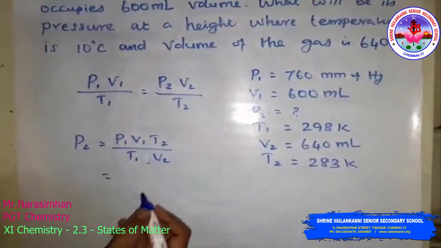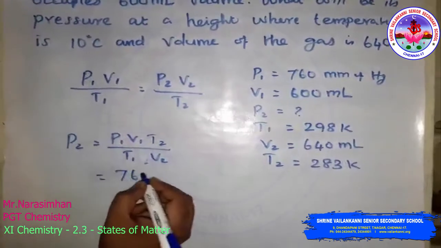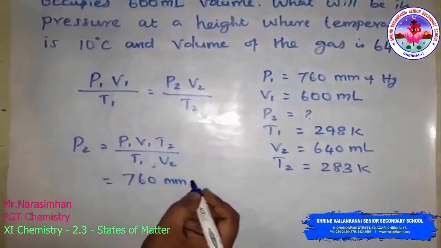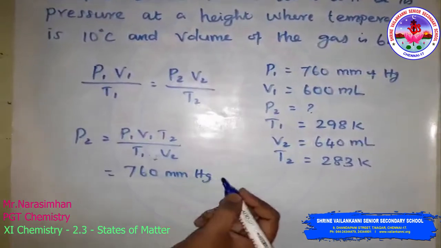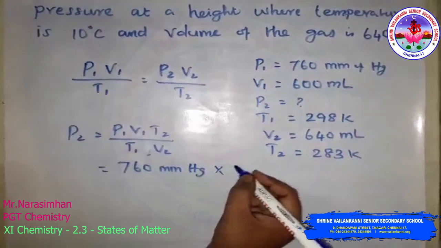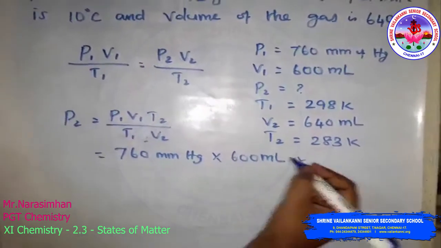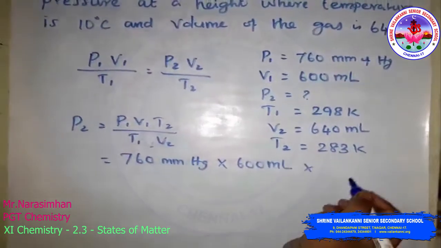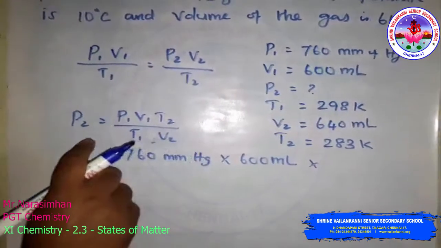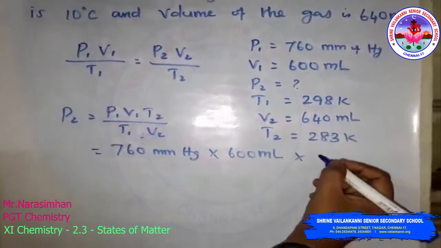So substitute the values here: 760 millimeter of mercury, V1 600 milliliter, and T2 is 283 Kelvin.